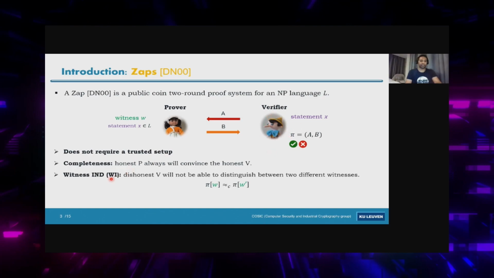Here they achieve witness indistinguishability, which basically guarantees that the verifier will not be able to distinguish the witness that is used in proof generation, for example witness 1 or witness 2. And in the case that the prover might be malicious, we expect to achieve another security notion, called soundness, which guarantees that a dishonest prover will not convince the honest verifier.